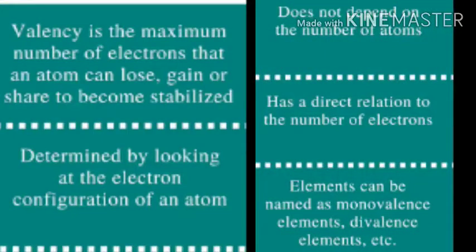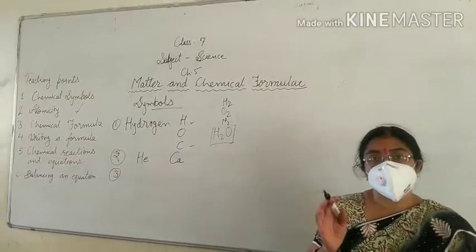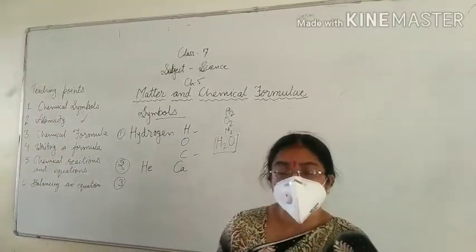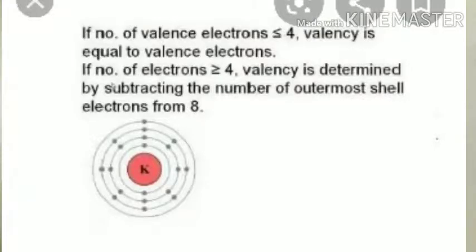Now, valency. Valency is the combining capacity of any element. This valency can be determined with the help of the number of electrons present in the outermost orbit of any atom or atomic structure.